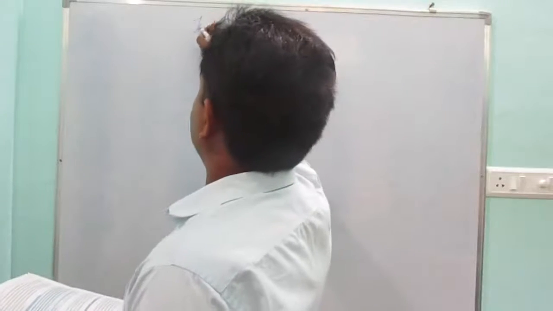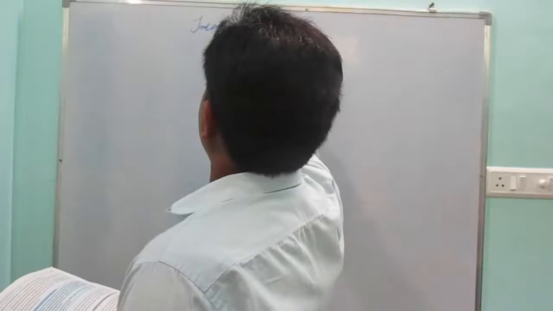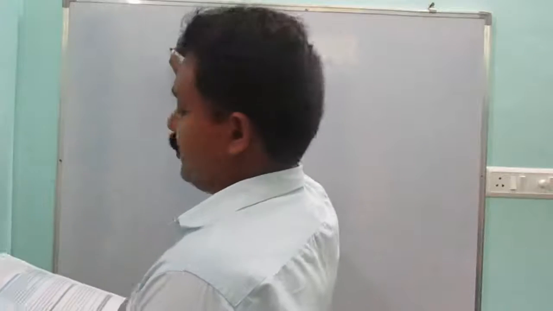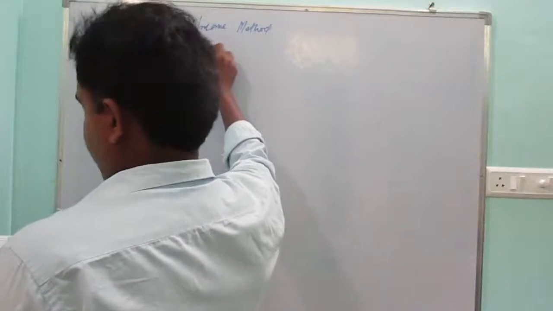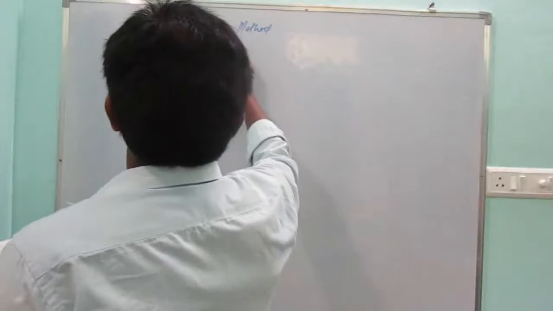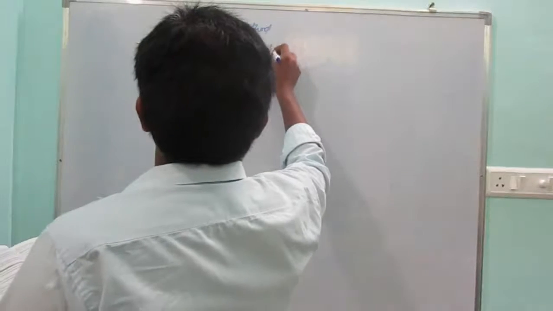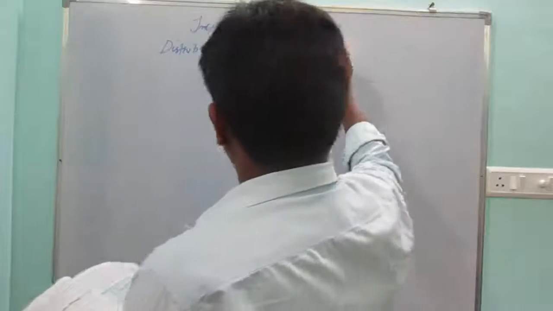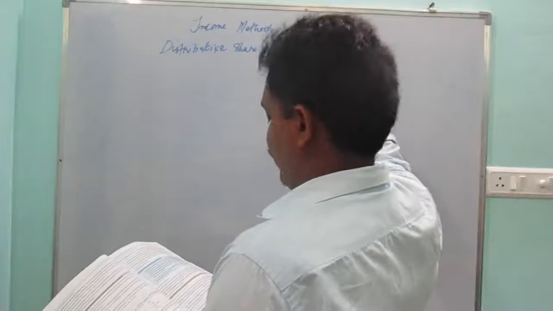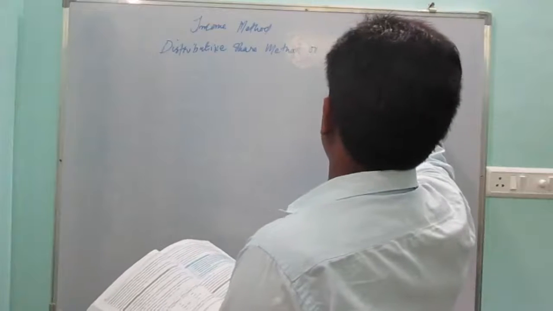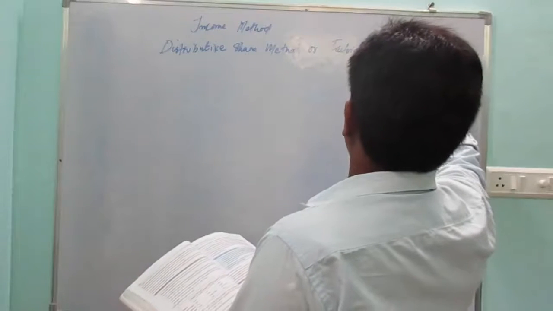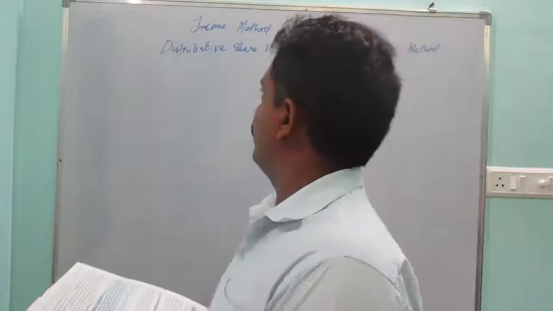The income method has two other names: one is the distributive share method, and the other is the factor payment method.